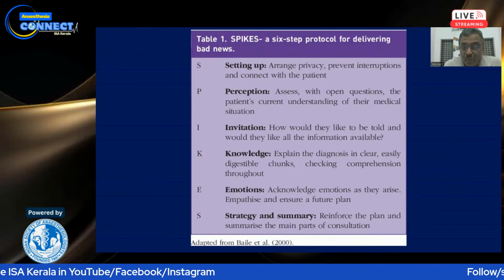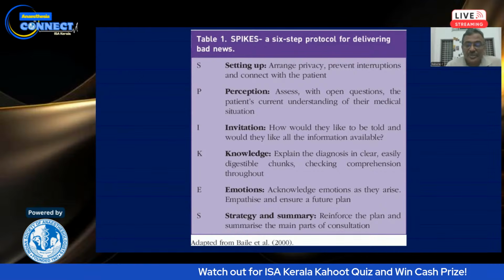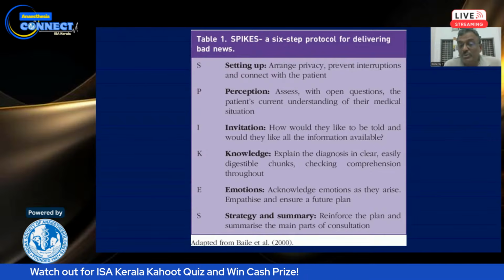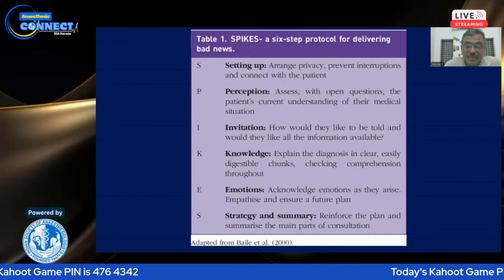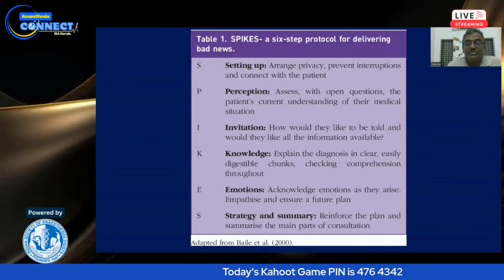And K stands for knowledge, where you are explaining the diagnosis or you are providing the bad news in clear, easily digestible chunks. And E stands for emotions, where you have to acknowledge emotions as they arise. And S, the last step is strategy and summary, where you plan and summarize the main parts of consultation.